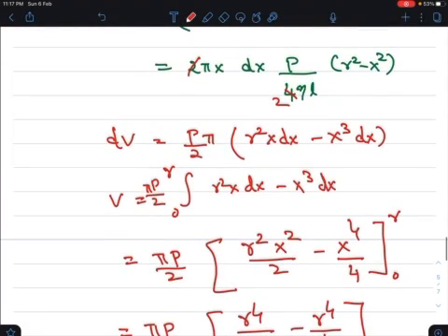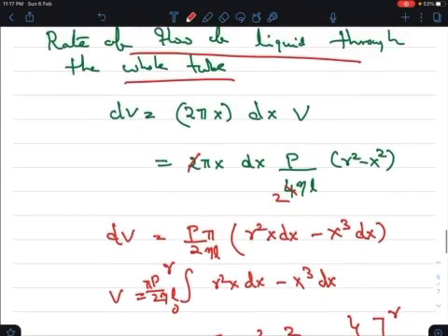So it is pi P r raised to 4 by, did I forget something? Eta L, no? I've just forgotten certain things.